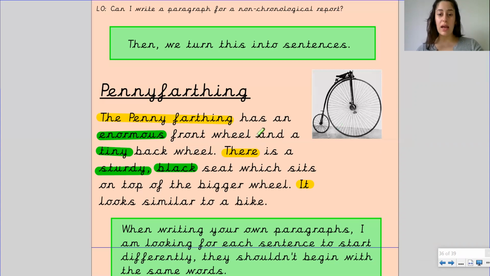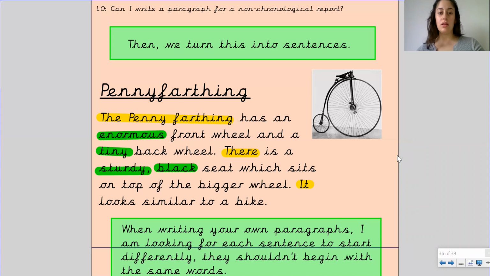If you're going to use and, it will just be a continuation of another sentence. So the penny farthing has an enormous front wheel and a tiny back wheel. So it's been put into a longer sentence rather than us putting a full stop and then saying and. Okay, so when writing your own paragraph, we're looking for a different start for each sentence.